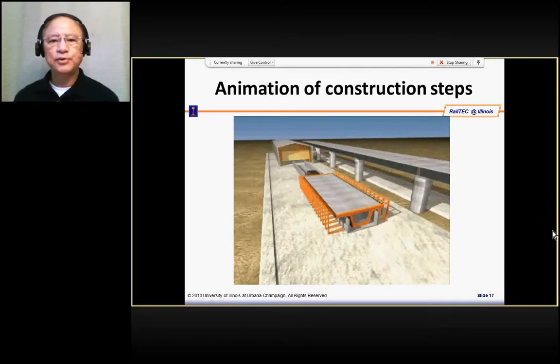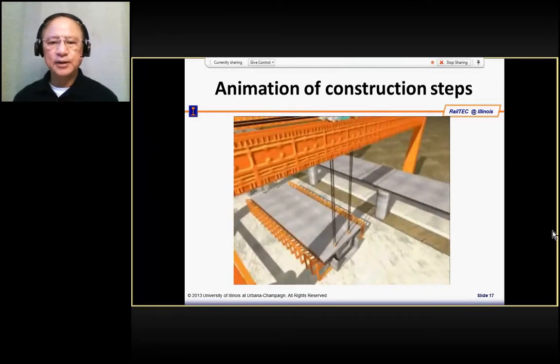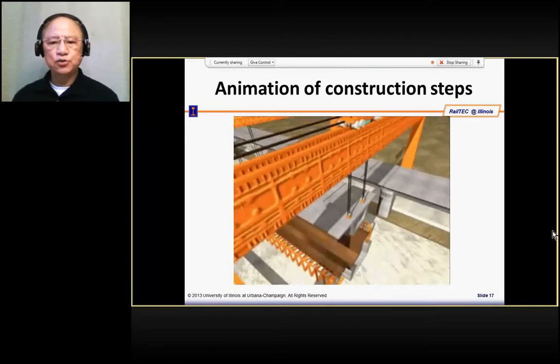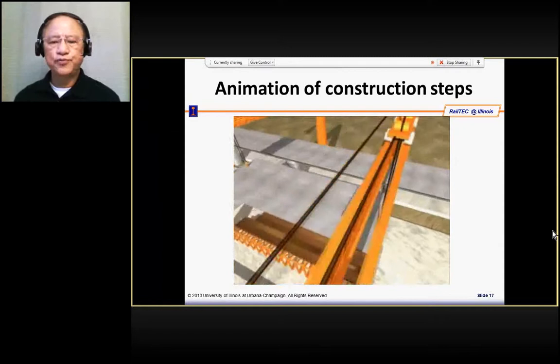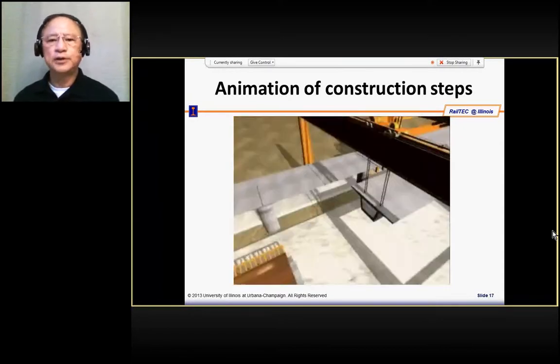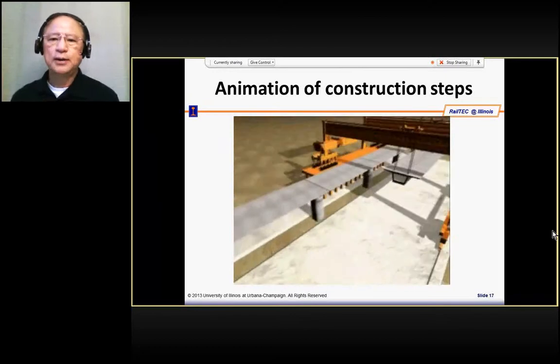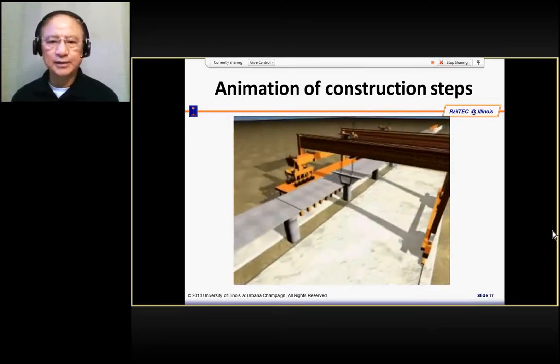What you are seeing now is the precast girder being moved out of the main shed, and then the formwork is moved out. Now the gantry moves in to lift the girder up and move the girder onto the viaduct which was already constructed.